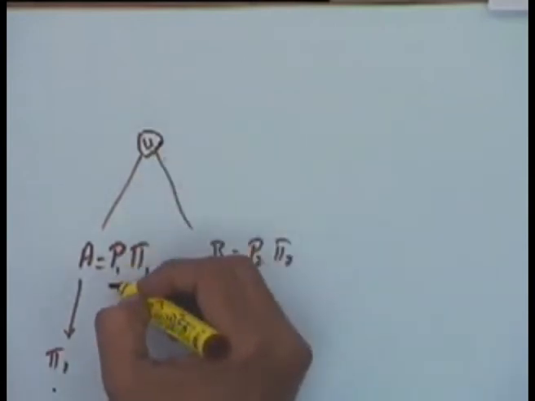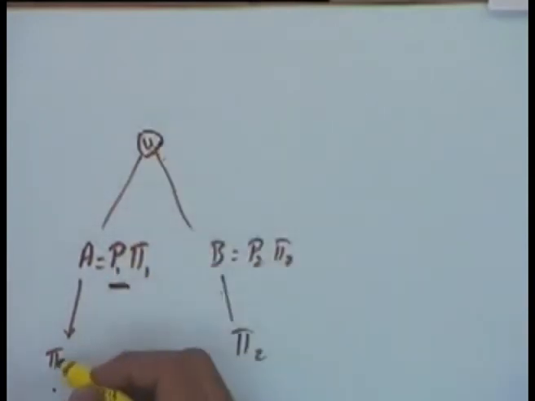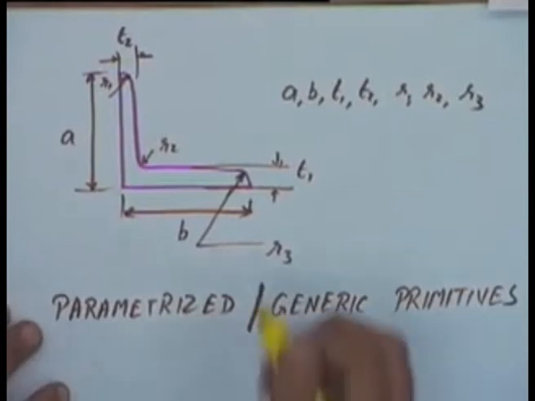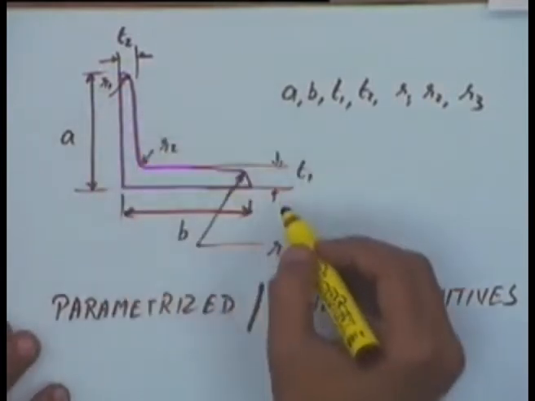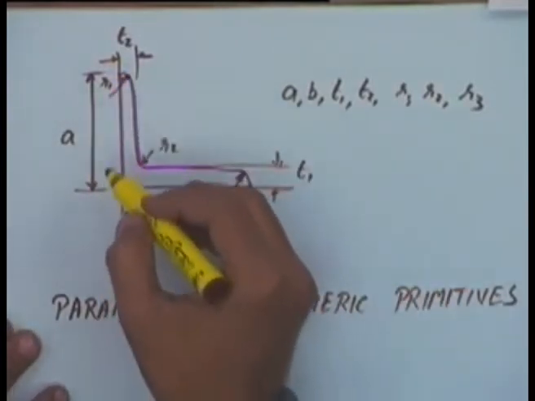The Boolean operation can only be performed if we take an instance, because unless we give some values to these parameters, we don't know the exact sizes of these surfaces and locations and so on.